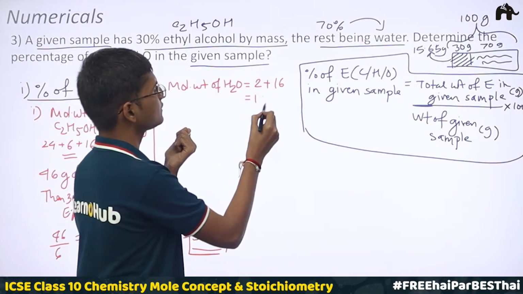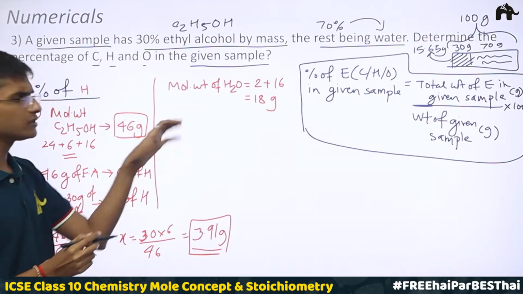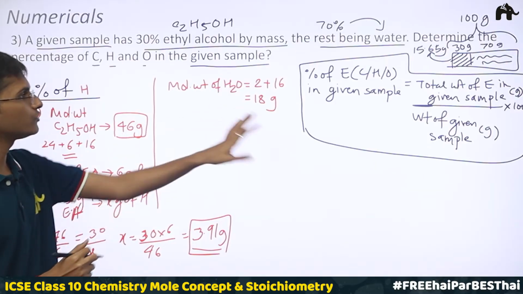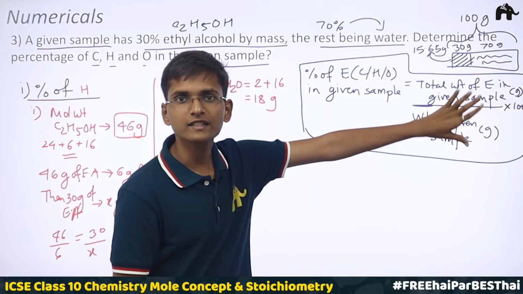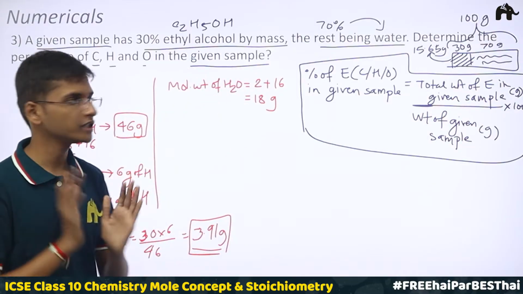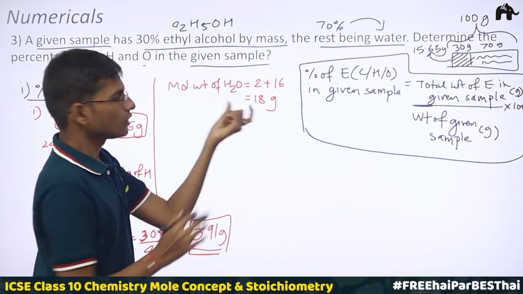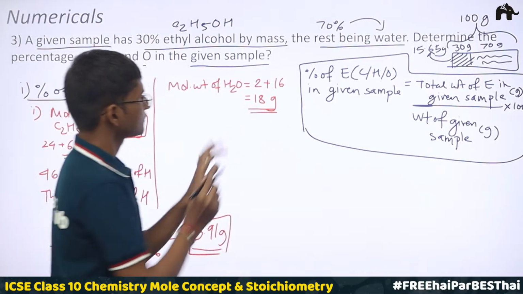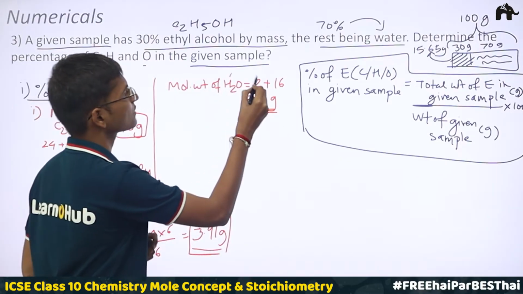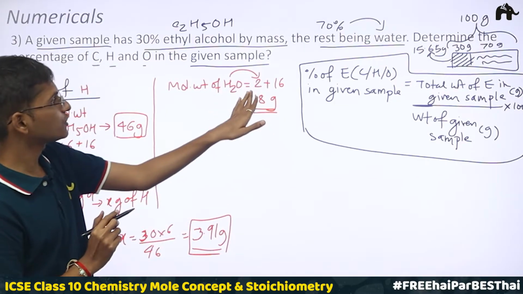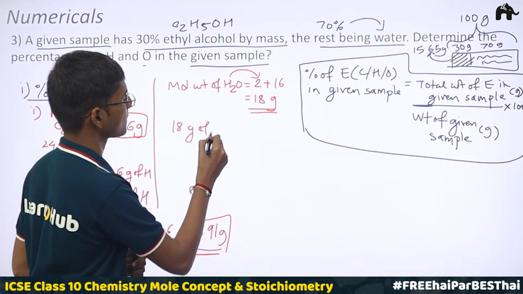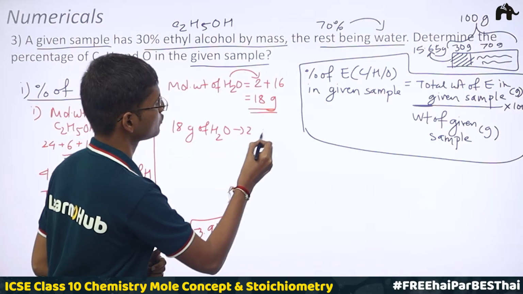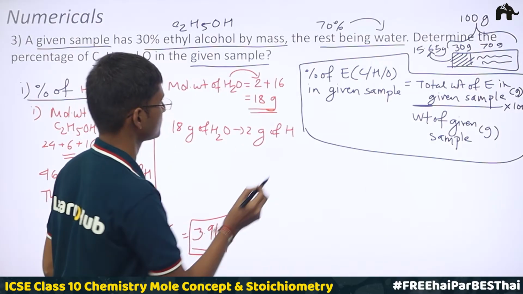So it's 18 grams, and here we are deliberately taking grams as the unit because we know we are going to use the weight unit as grams. Okay. So now we can conclude here that in 18 grams of water, hydrogen's contribution is 2. So I can write here in 18 grams of water, 2 grams of hydrogen is present.